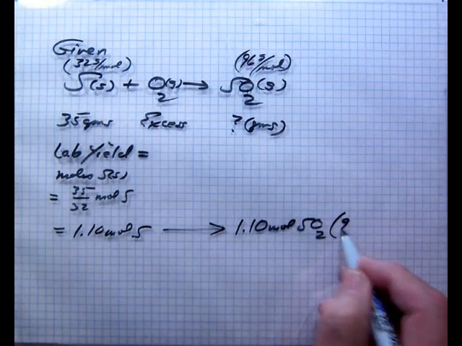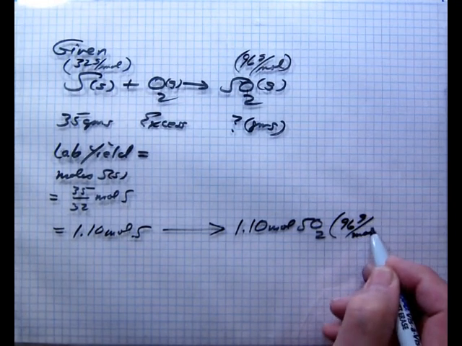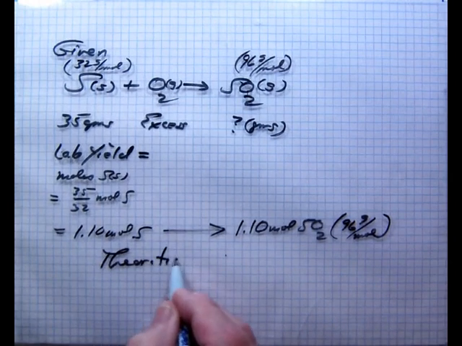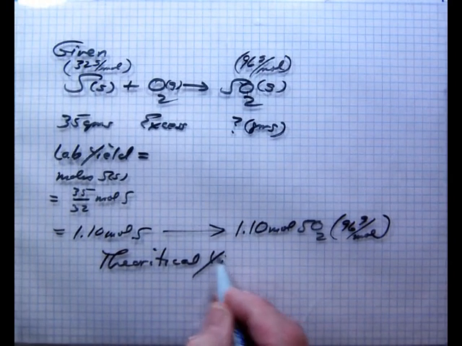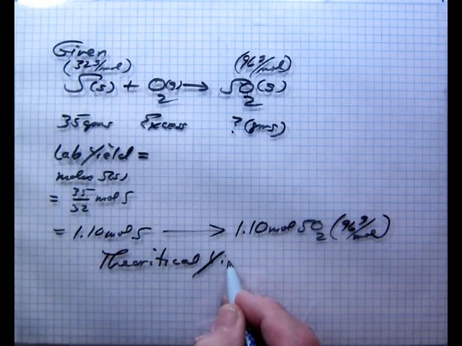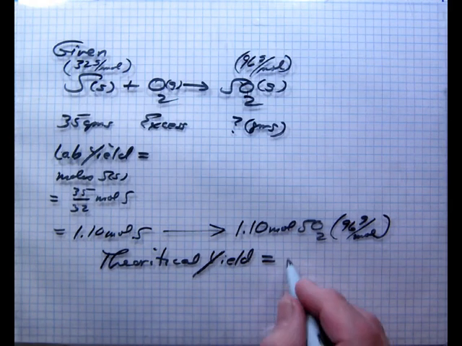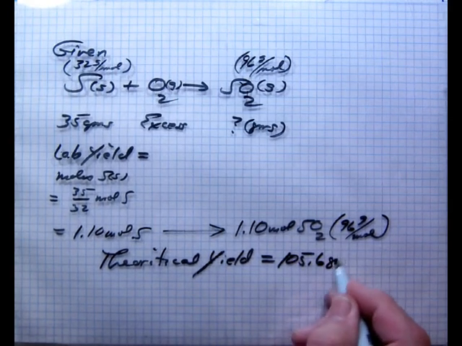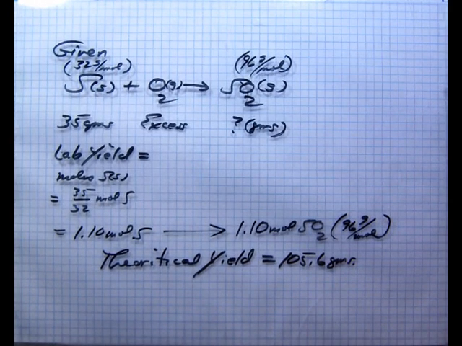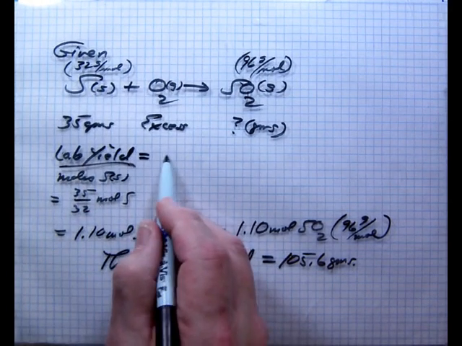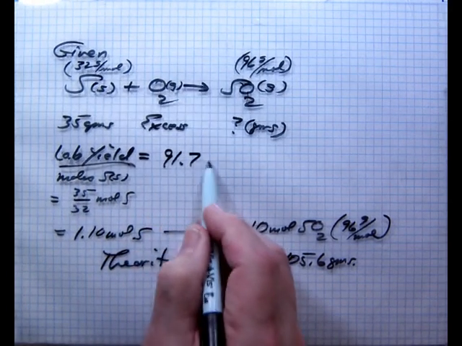So I'm going to write 96 grams per mole. So my theoretical yield is 96 times 1.1 equals 105.6 grams.